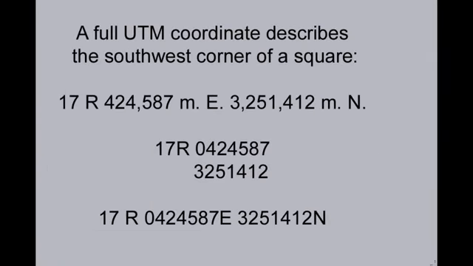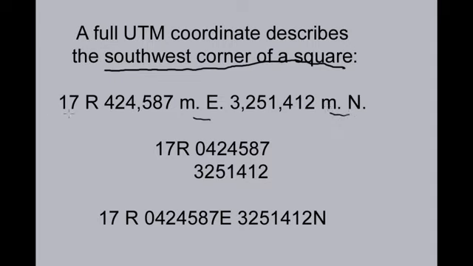Okay, so now let's look at a full UTM coordinate and how it is written. A UTM coordinate describes the southwest corner of a square, and it is written with the easting first and the northing second.